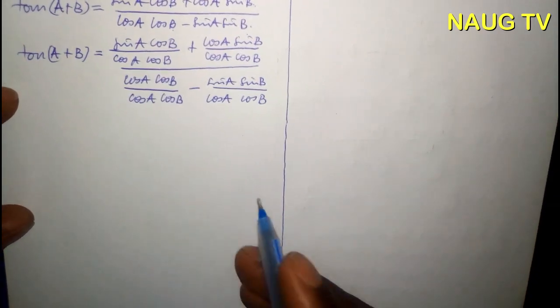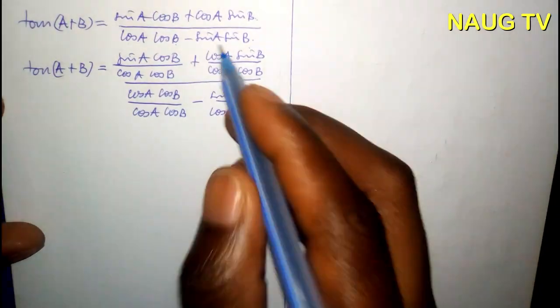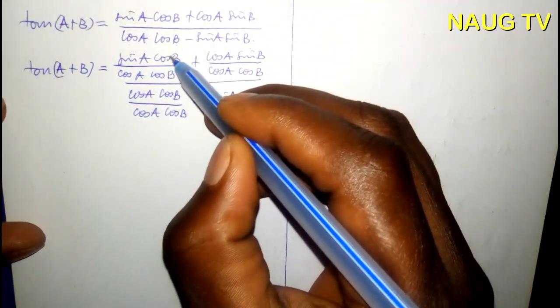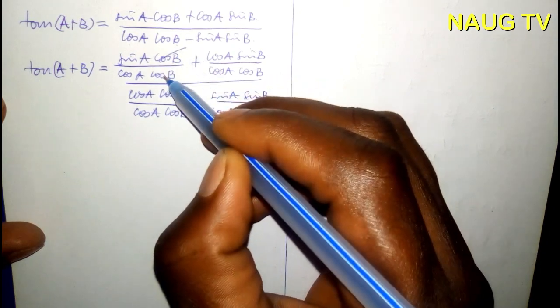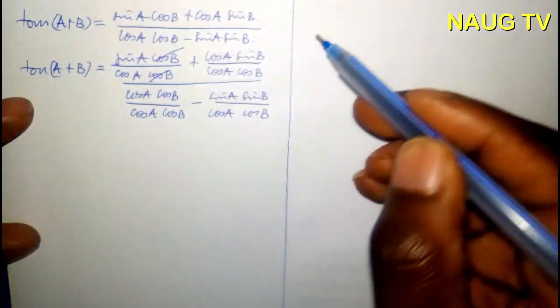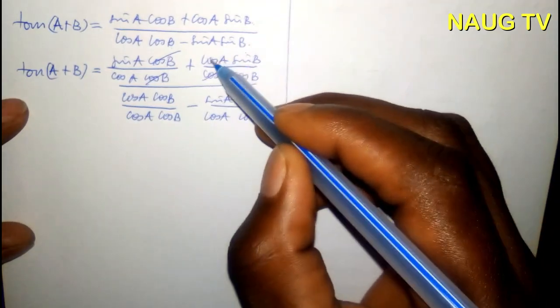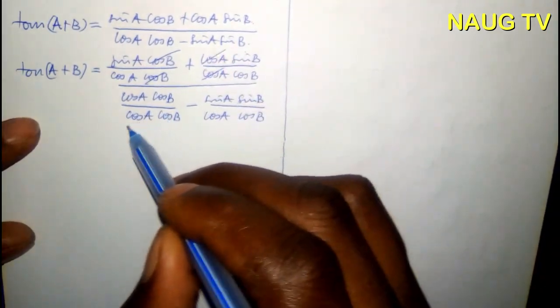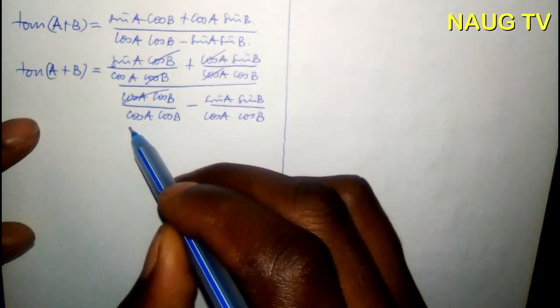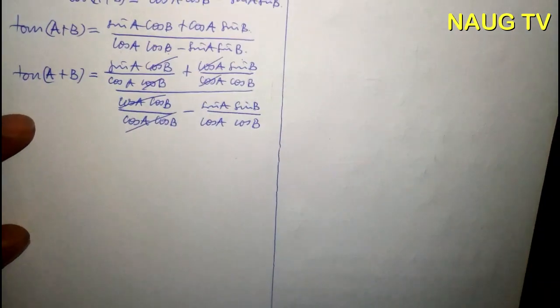So at this point, I think you will reduce cosine of B by cosine of B, cosine of A by cosine of A, and cosine of A cosine of B by cosine of A cosine of B, right?